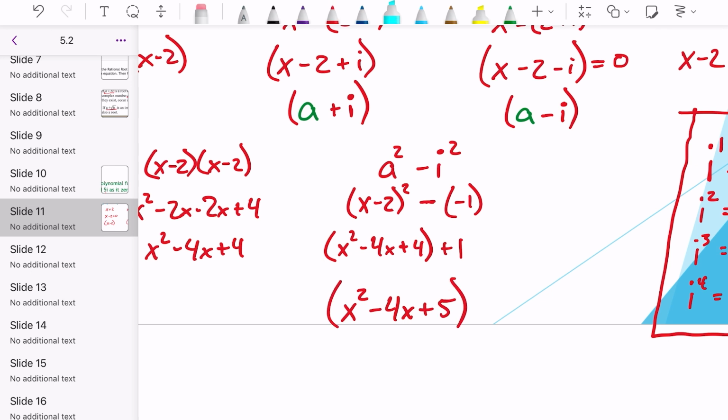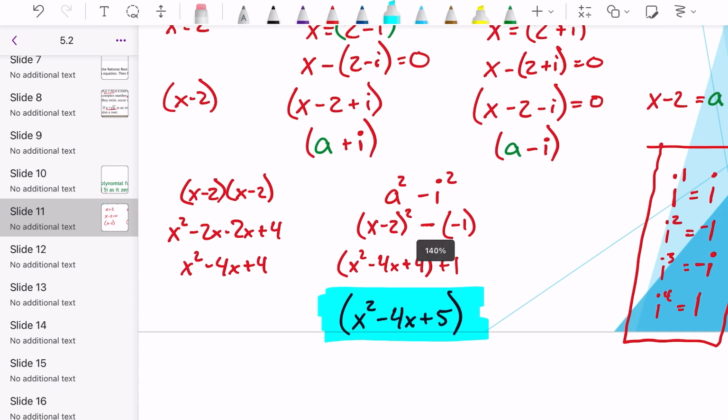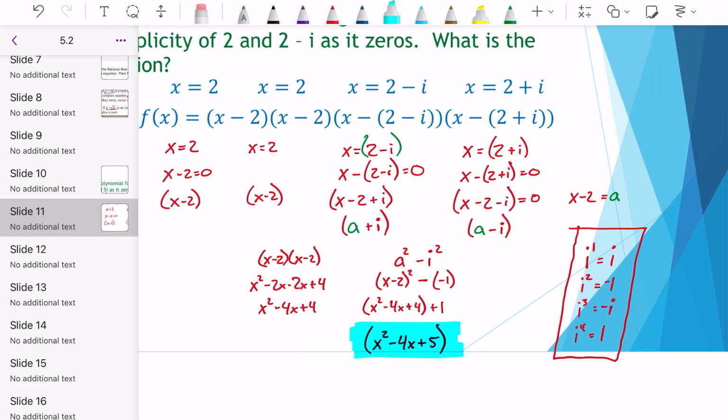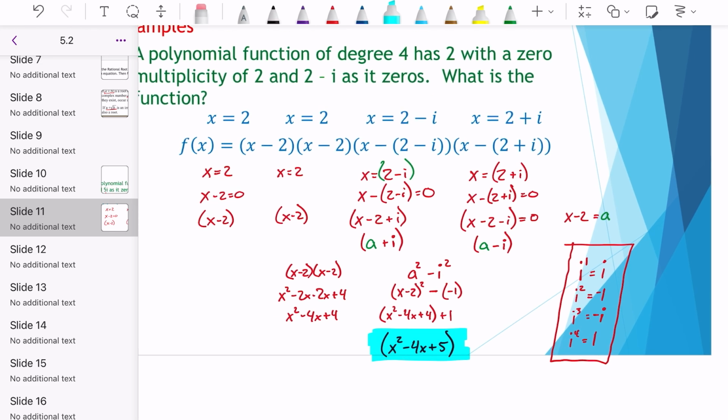Keep in mind, this piece that we have solved for is only the right side of our 4 different roots. We did the complex side. We still have to solve for the left side, which would be multiplying our x minus 2 and x minus 2.